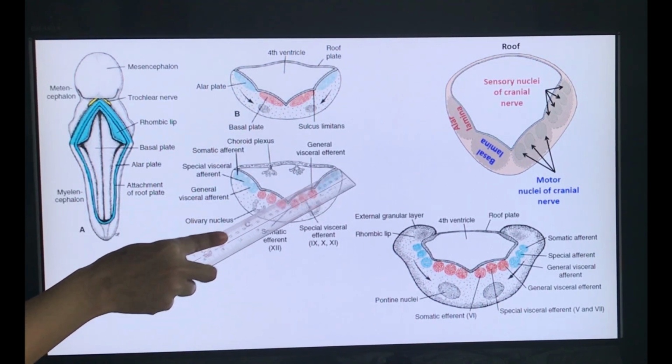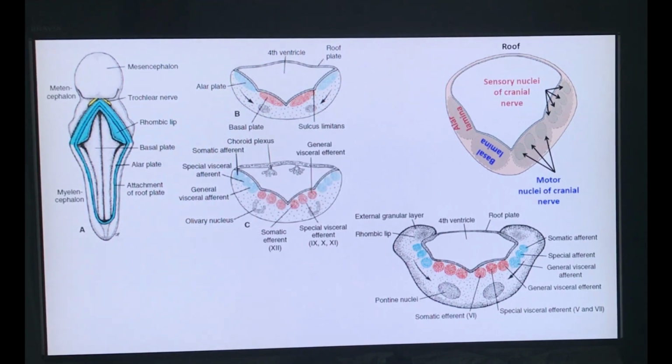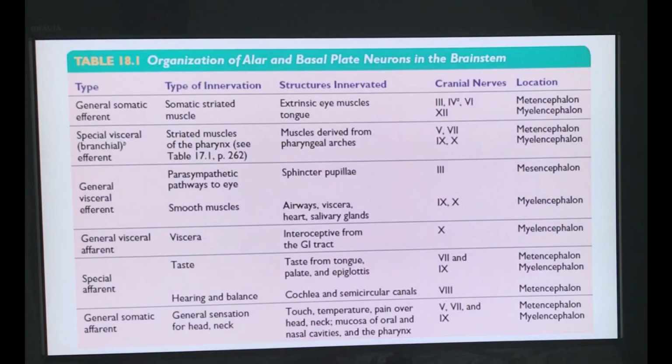The next, the most lateral one, is the alar plate. Again, the alar plate has 3 groups of neurons. Okay, so the alar plate mainly has sensory neurons, that is afferent neurons. So the 3 groups are general visceral afferent, special afferent, and general somatic afferent.